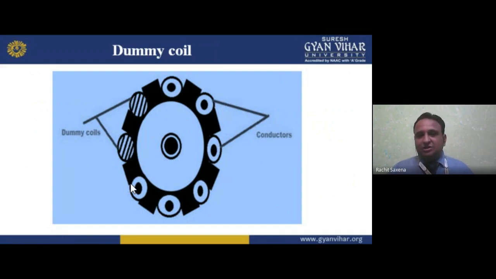The dummy coil is represented by a dash. Why, my dear student? Because no current is flowing in it. Why no current? Because it is not electrically connected, but mechanically it is filled, put in to make the connection balanced.